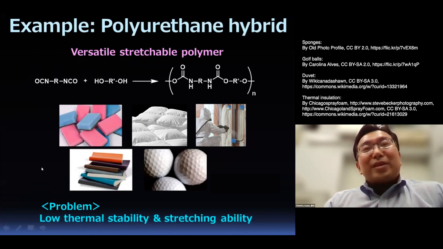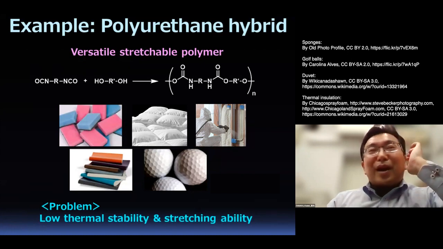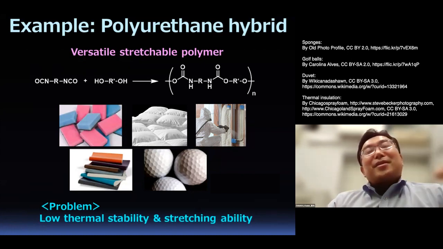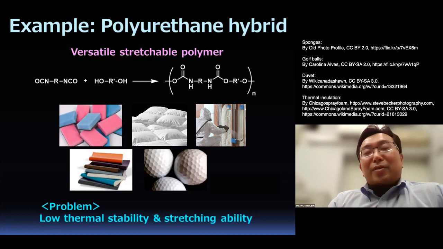If we aim to improve the stability of polyurethane by chemical modification, then, as is often the case, stretching ability is lost, and it is still a critical problem for developing functional polyurethane materials.